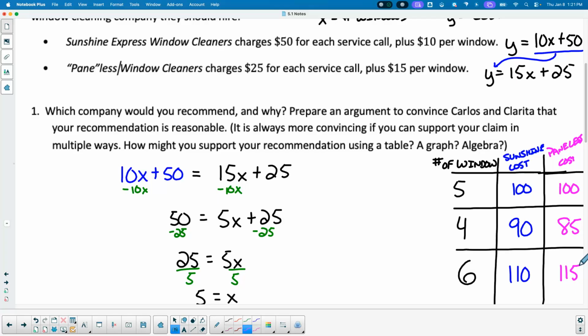If they have 5 windows, doesn't matter, right? And if they have more than 5 windows, yeah, sorry, 5, not 5 or more. If they have more than 5, they should go with Sunshine, right? Is that the argument that we're making? Yeah. Okay. All right.